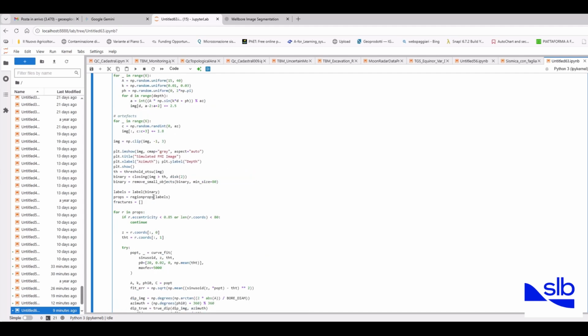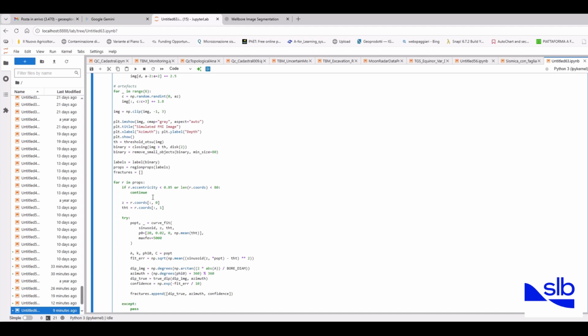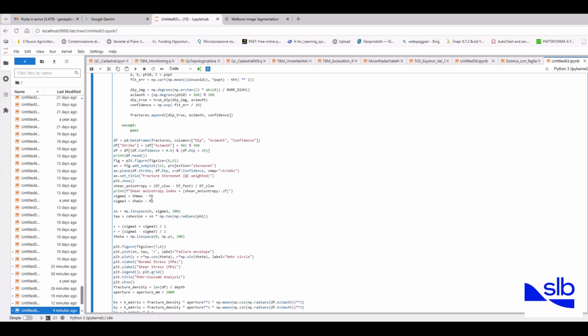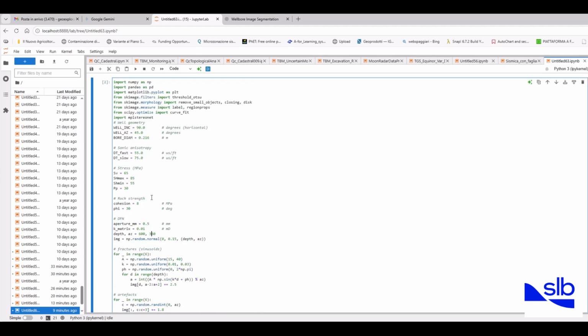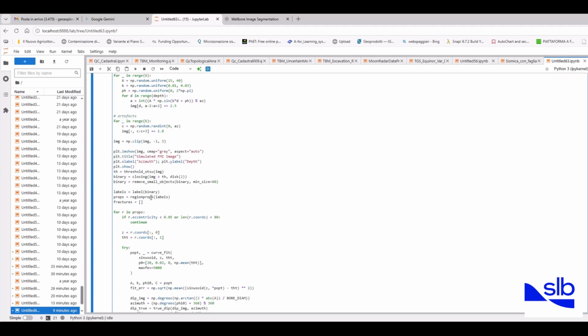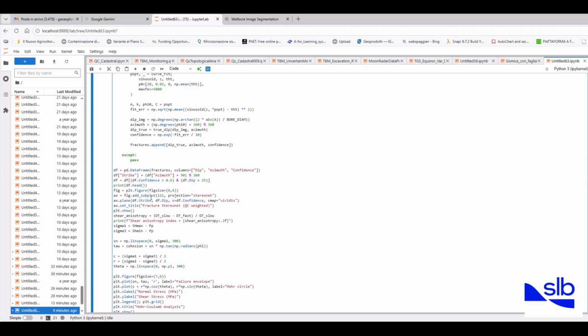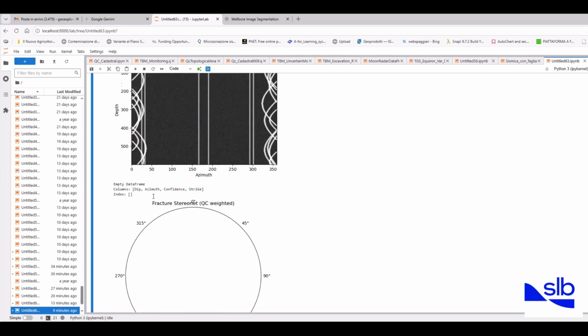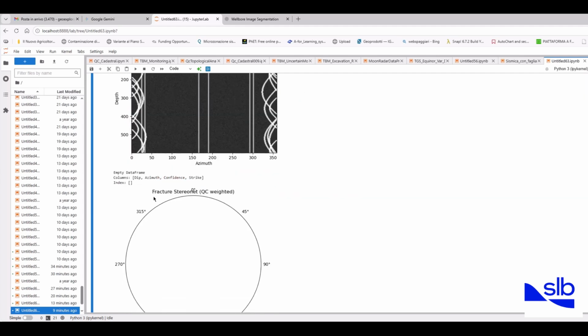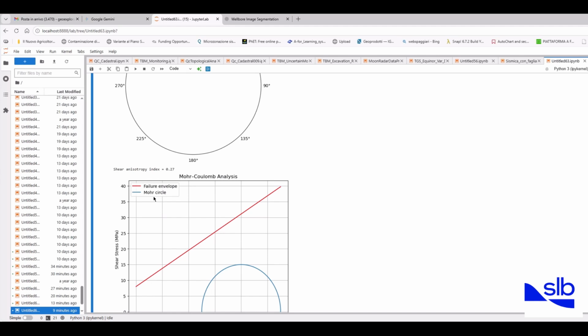You can apply a simple filter for this FMI image, and you have several plots that, starting from the fracture classification, allow us to make also a first geomechanical analysis for the Mohr-Coulomb analysis.